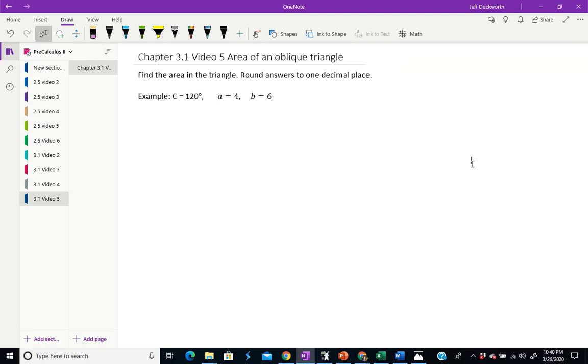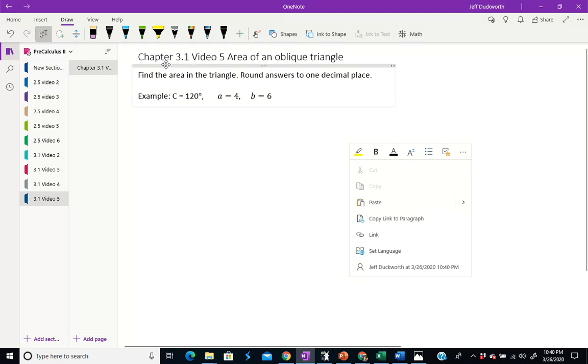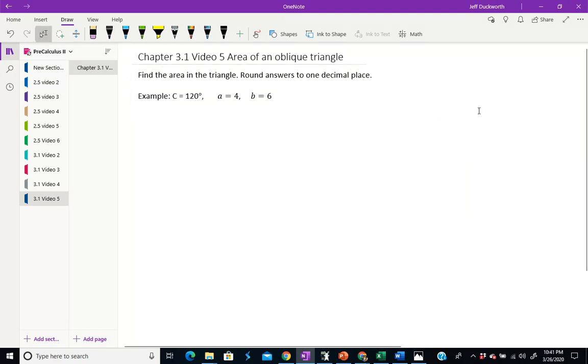So I'm going to draw the triangle as best I can here. I'm going to put C on top where I did in that other video. This is A and this is B. Our C is known to be 120 degrees.